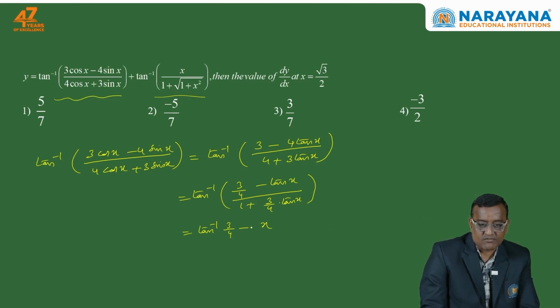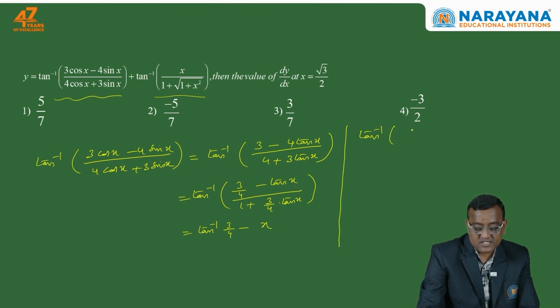And coming to the second one, for the second one we have to take a substitution, x equals tan theta. So it is tan inverse of x by (1 plus root of 1 plus x square). When you take x equals tan theta, then this becomes tan inverse of tan theta by (1 plus secant theta).